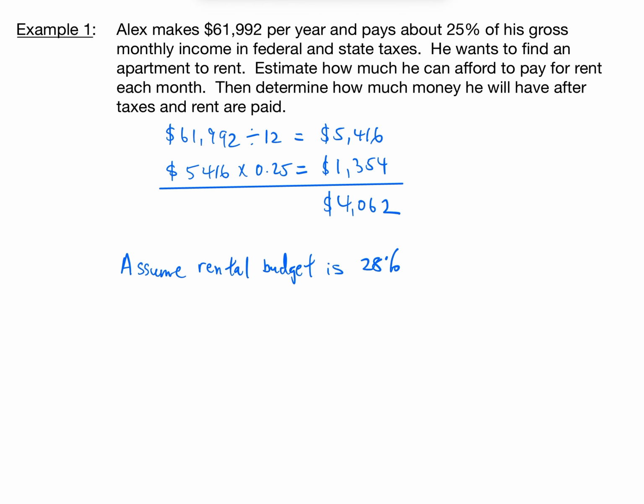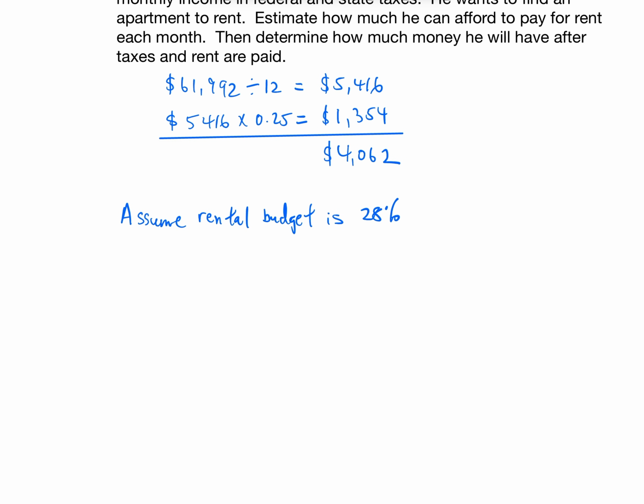If that is the case, then we take $4,062 and multiply that by 0.28, and that gives us $1,137.36. This amount is the maximum that Alex should be spending on rent, based on experts' advice. You can go up to 30%, or you can go lower, but we're assuming that the budget is 28%.